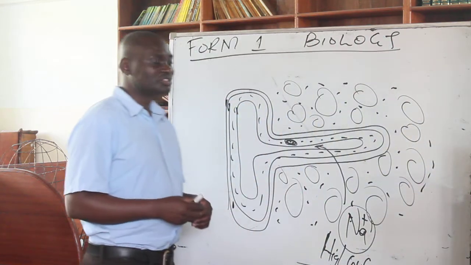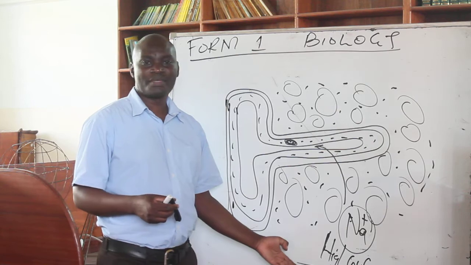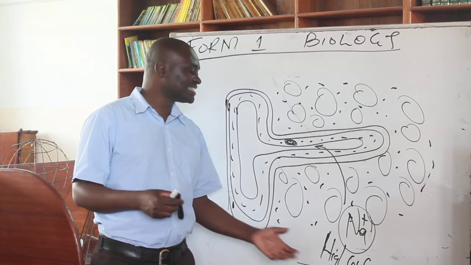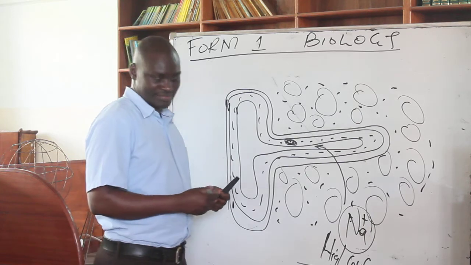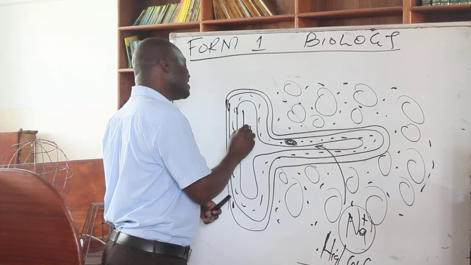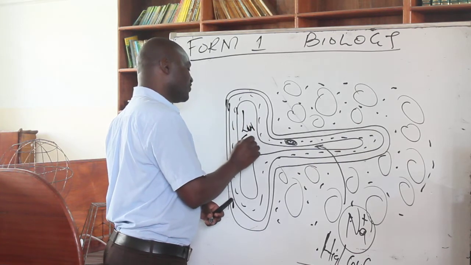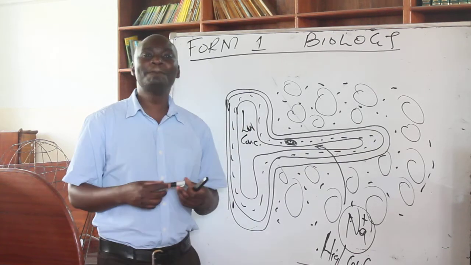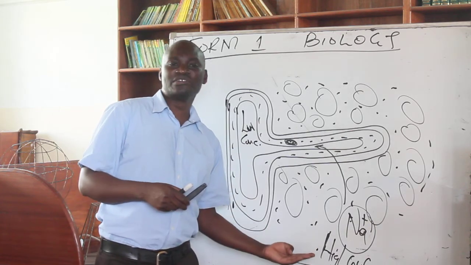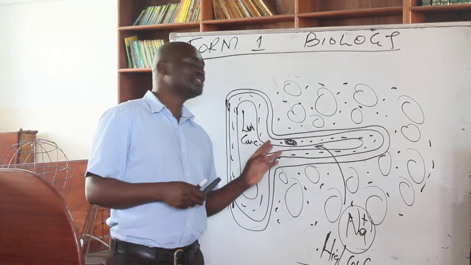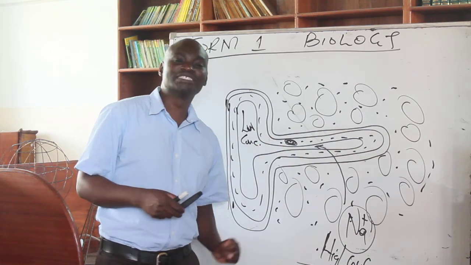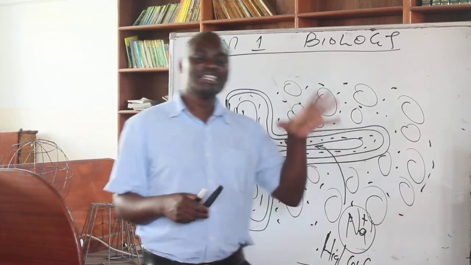So through diffusion, minerals which are highly concentrated in the soil than in the root hair cells simply move freely from a region of high concentration into the root hair cells where their concentration is low.